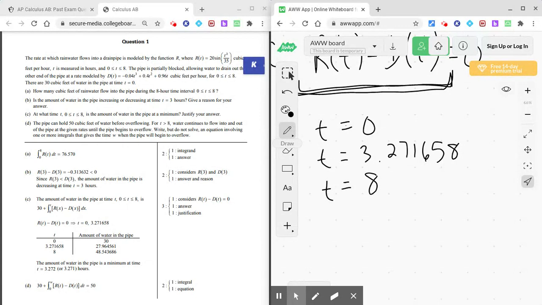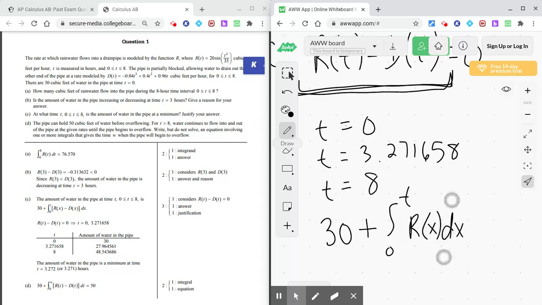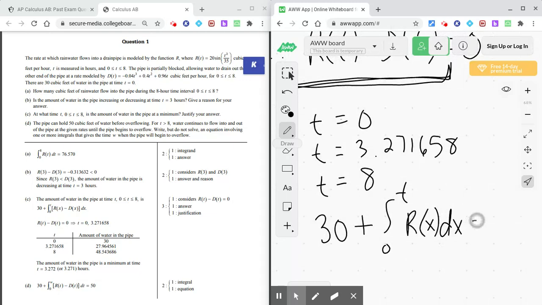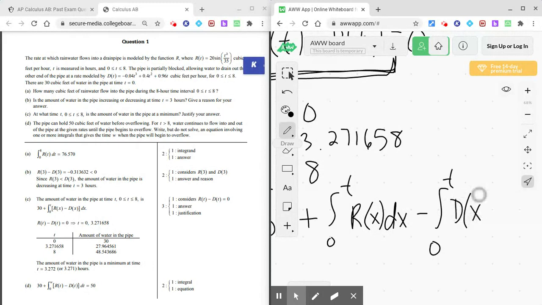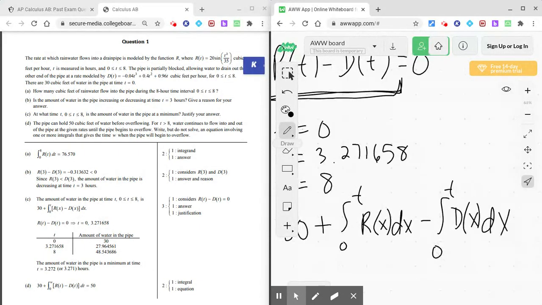And as you can see, you can then figure out exactly how much water is in the pipe at each of those times. How do you do that? Well, 30 plus the integral from 0 to t of R of x dx, you could write it that way so the variables agree, minus the integral from 0 to t of D of x dx.